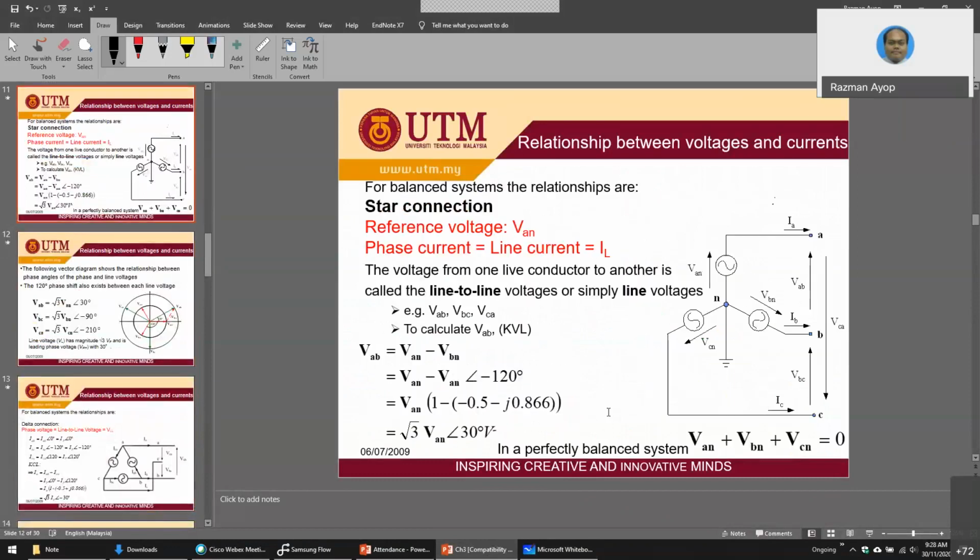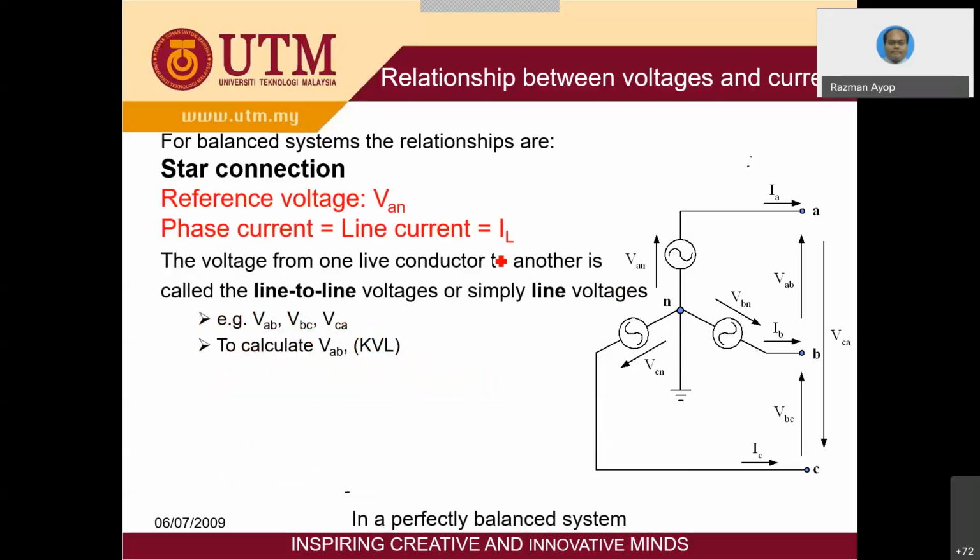Okay, how about current? You have the voltage, and you find the phase current and line current. For star connection, phase current and line current are the same, so you don't need to worry.